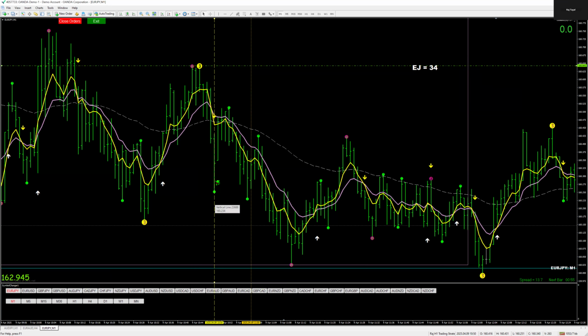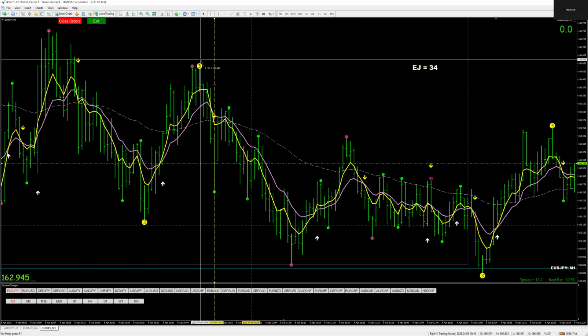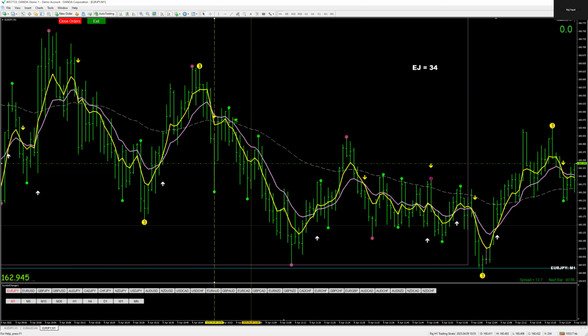Okay, and this is the 1 ball, so you can wait or take the drawdown. Let's take the drawdown. Stop loss is up here anyway. So that would be 32 pips stop loss, and you may not want that, so you can refine it here, but let's just take that.